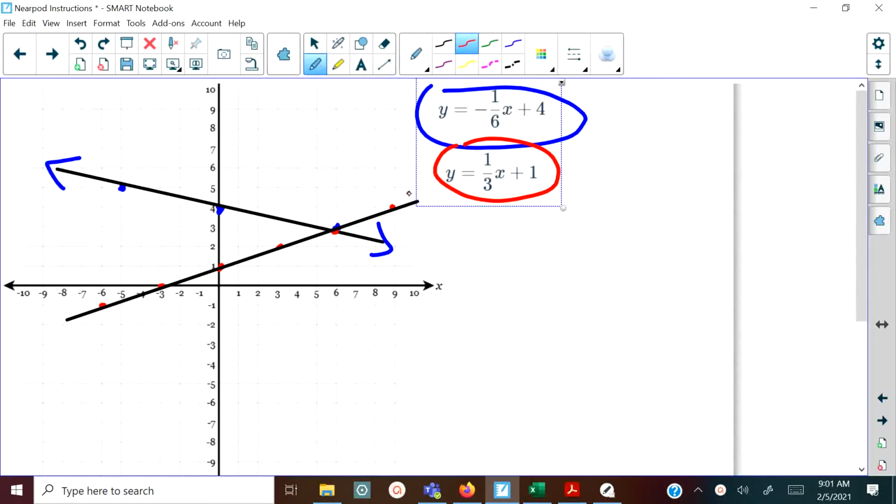And now I got that line. And where they meet is the answer. So that's going to be, and make sure you put it in parentheses, (6, 3). And that's my answer.